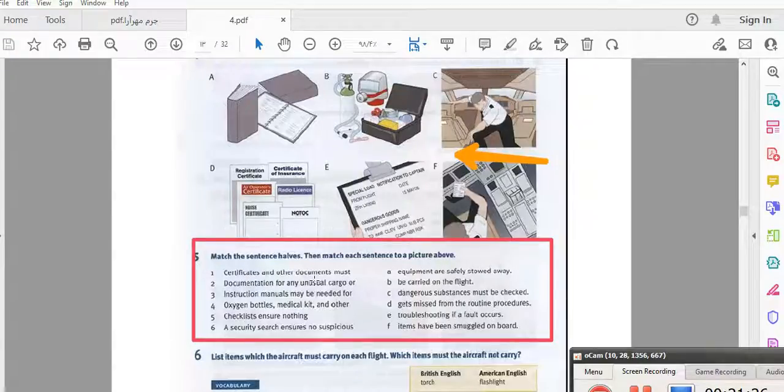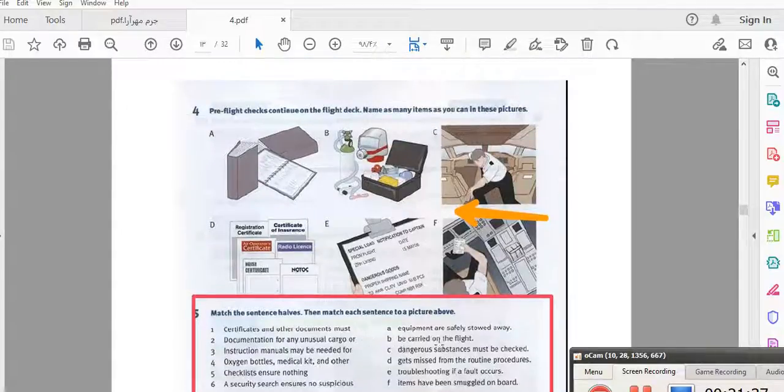Certificates and other documents must be carried on the plane. It means all the certificates should be in the plane. Number 2. Documentation for any unusual cargo.